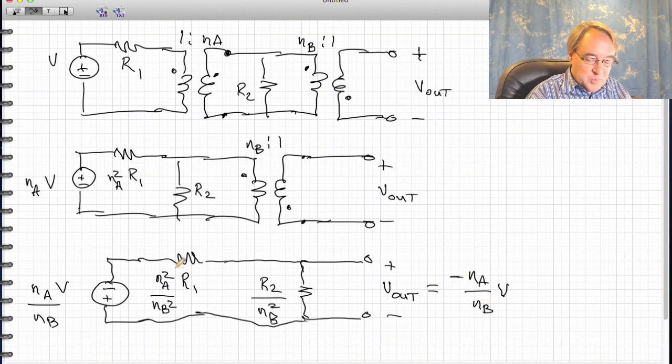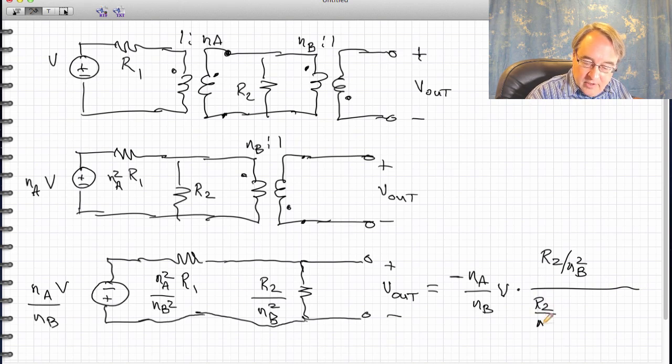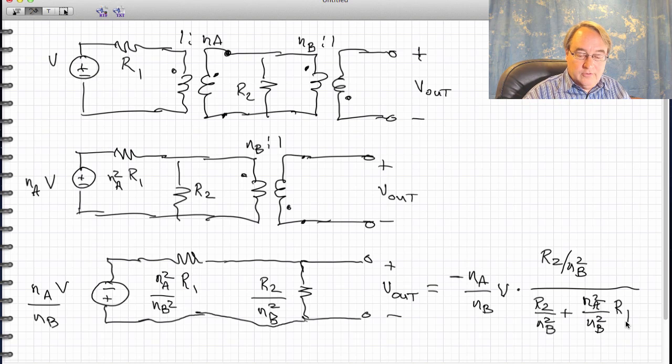And then that voltage gets multiplied by the divider ratio of these two resistors, so it would be times the divider ratio R2 over NB squared, all over the same R2 over NB squared, plus the first resistor NA squared over NB squared times R1. So that is the solution then for the output voltage.